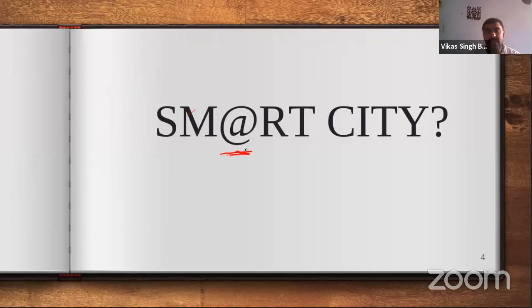Have you ever thought about the smartphone? Before smart city, let us think about a smartphone. What are the features that a smartphone includes?